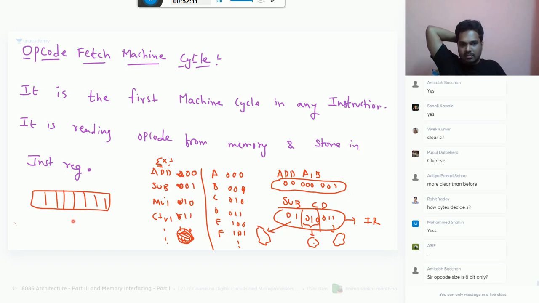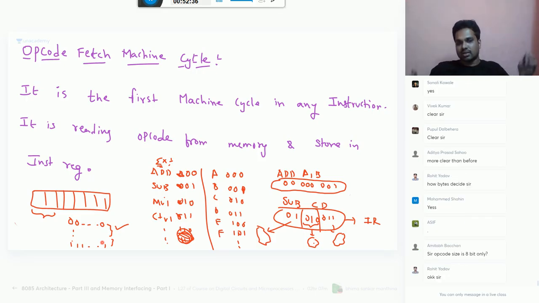In these 8 bits, he may dedicate 1 or 2 bits to decide whether it is a 1 byte instruction or 2 byte instruction. Or he may decide like this: the first 10 instructions are 1 byte, the next are 2 byte. The opcode size is 8 bits only.